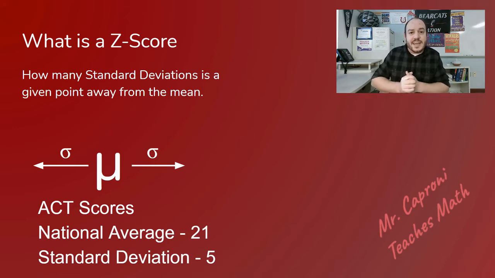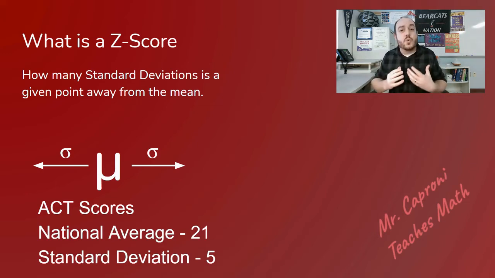So if I were looking at an individual score of, let's say, a 26, it would have a z-score of 1 because 26 is exactly 5 away from 21, which is the standard deviation. So in other words, I have moved 1 standard deviation away. Likewise, if I got a 31 on the ACT, I would have a z-score of 2 because it is 2 standard deviations above the mean.